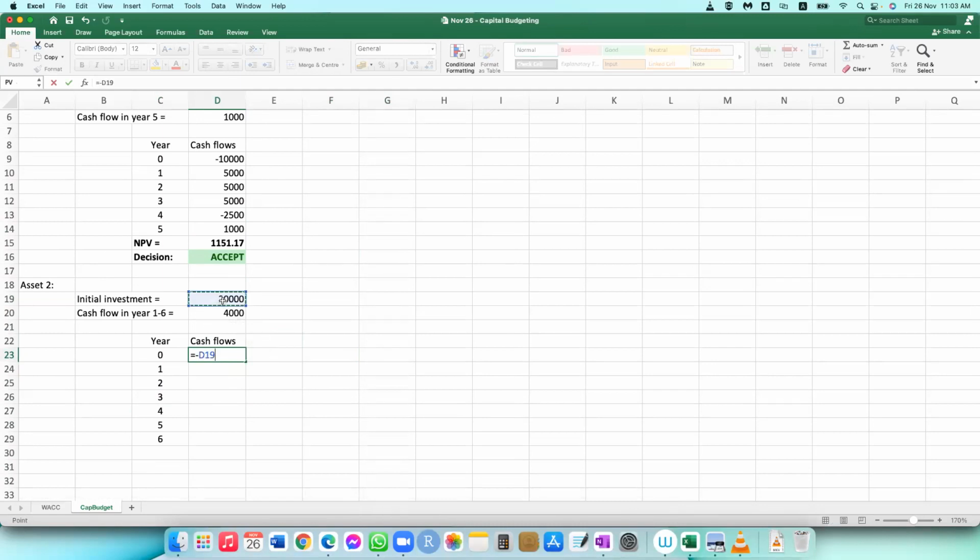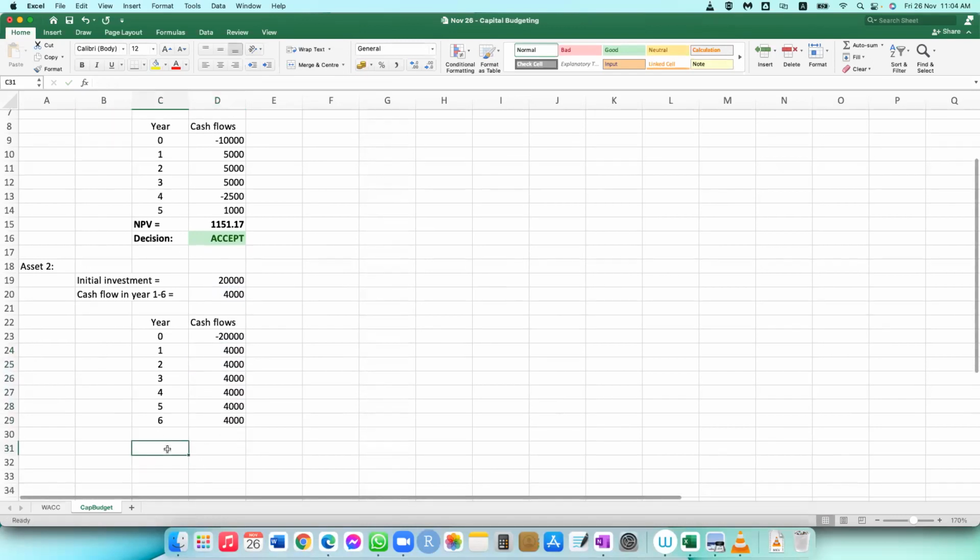minus this one. Then for year 1 to 6, it is the same. So we can very easily lock this one using the $ sign and then copy.